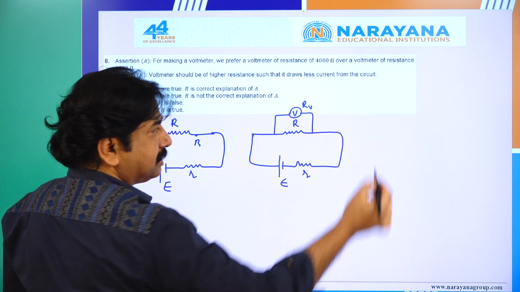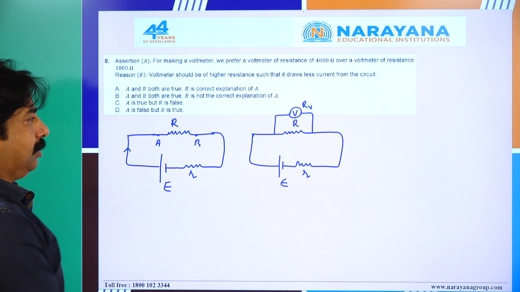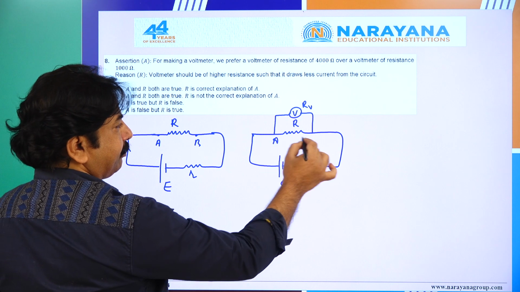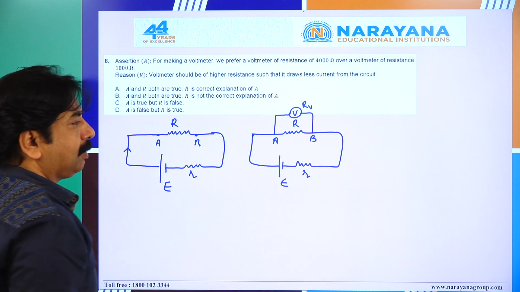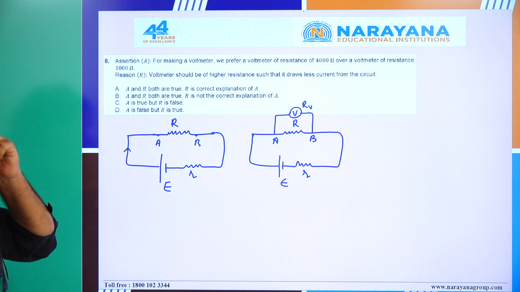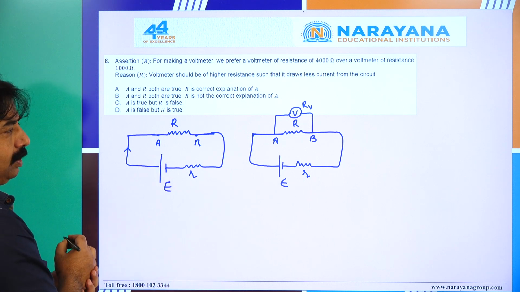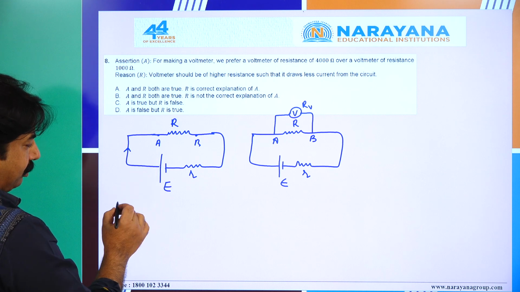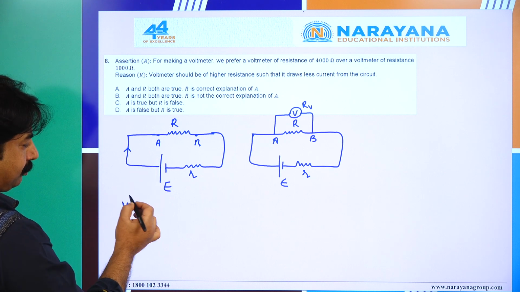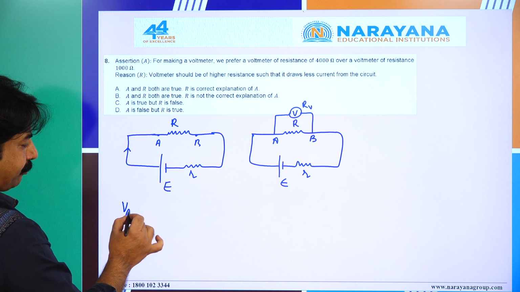Resistance of the voltmeter is considered as RV between the same points A and B. One thing everyone has to observe very clearly here: the effective resistance between them, V is equal to V across AB.